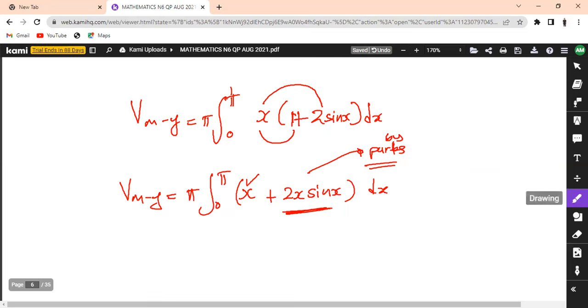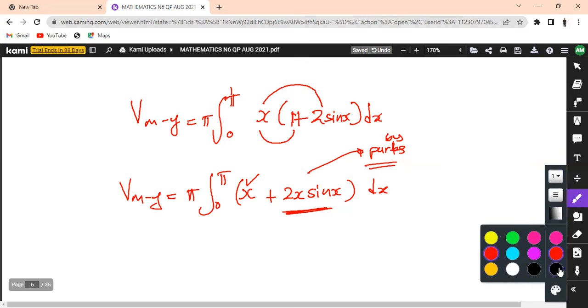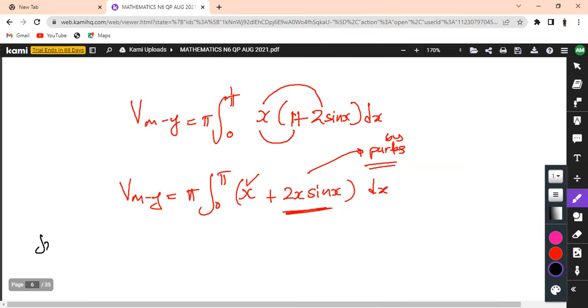So I'm just going to do an integral for this separately here. Then we will just take our final answer. Because of space, let me just do it here. The integral of 2x sine x with respect to x. So remember from our by parts that we are going to have this as f of x g of x minus the integral of f prime x g of x dx, like that.